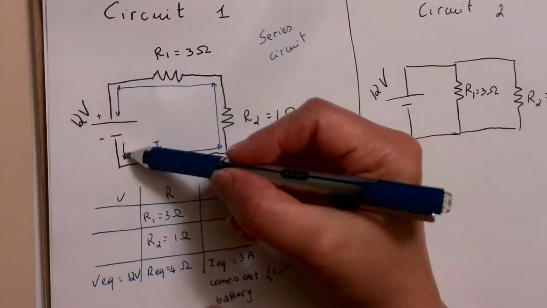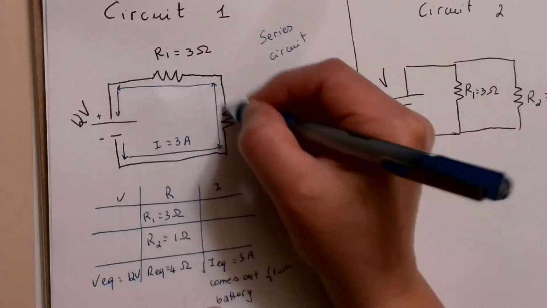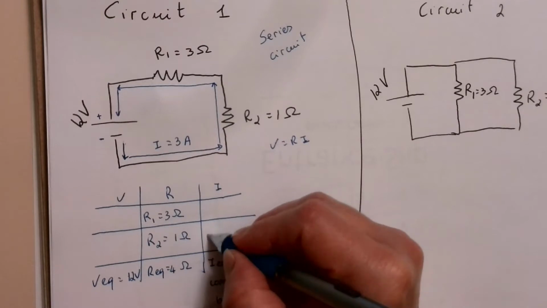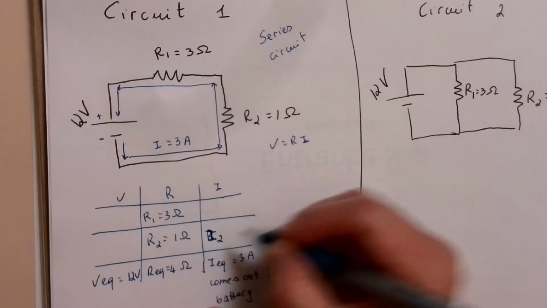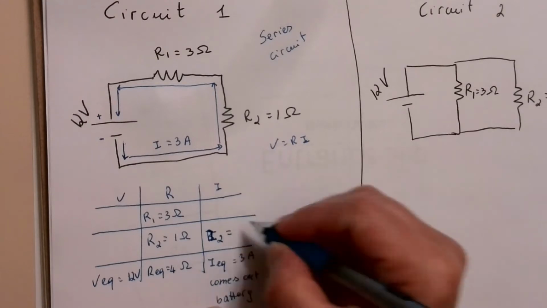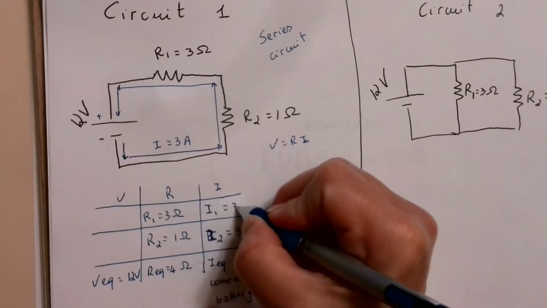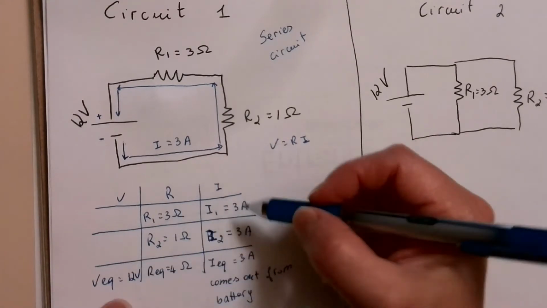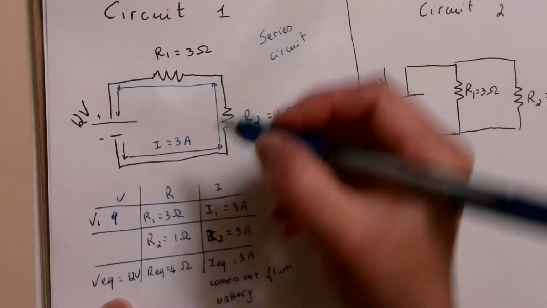But we just said this current is the same throughout. So this is 3 amps everywhere. So it's the same throughout R2, right? So the current through resistor 2 is going to be 3 amps, and the current through resistor 1 is also going to be 3 amps. So what's different? Well, the voltage is different, because 3 times 3 is 9.